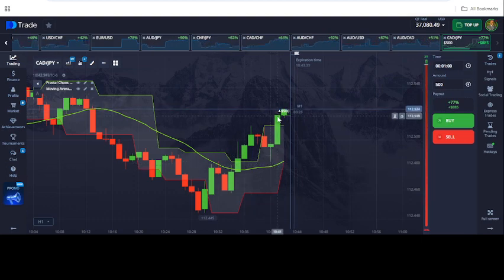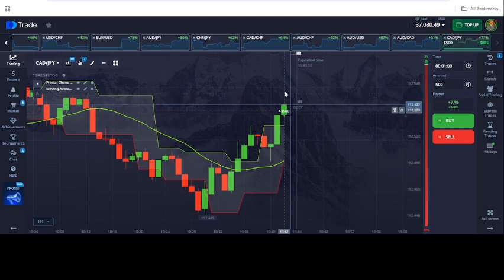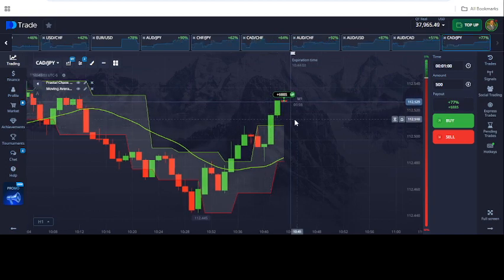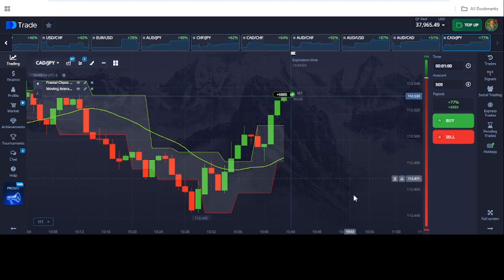And then secondly, this candle here breaks above the upper boundary of the fractal chaos bands line. It closes above it here. So as soon as the candle closed, I took the trade because this suggests a bullish breakout to the upside here if the candle breaks above the upper boundary of the line. All right, so we won that trade. All right, so I'm going to pause the video and look for the next setup.